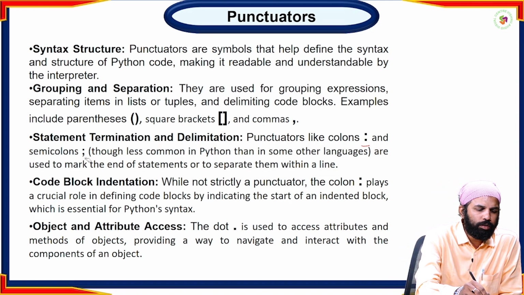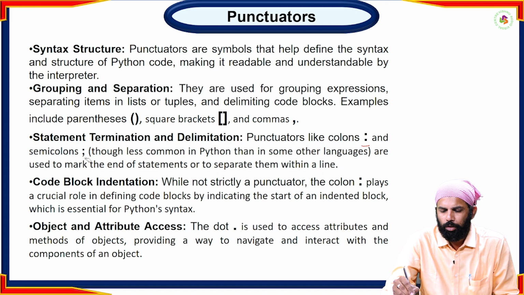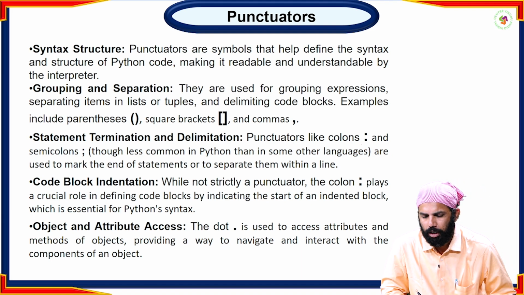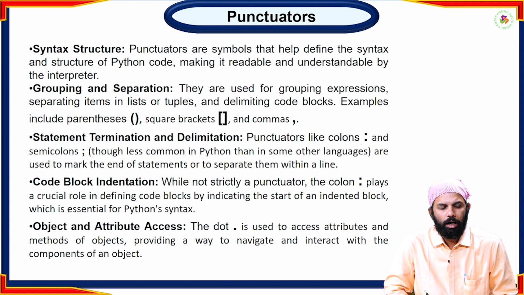Semicolon is used very rarely in Python code, but the basic usage of termination or delimitation in Python is done using colon, and they are used to mark the end of a statement or to separate statements within a line.